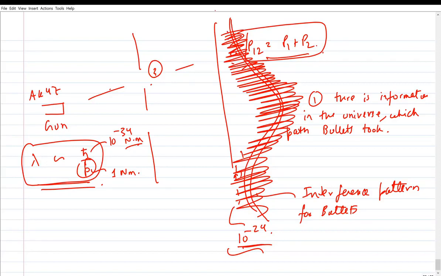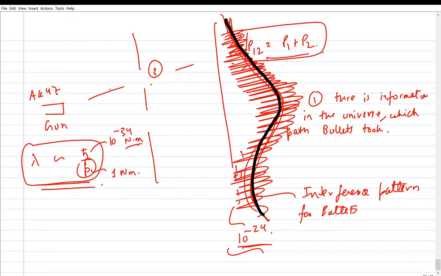All you see is an average pattern. I'll just color it with the black pen. And hence you're not able to see it. What you see is an average classical curve.